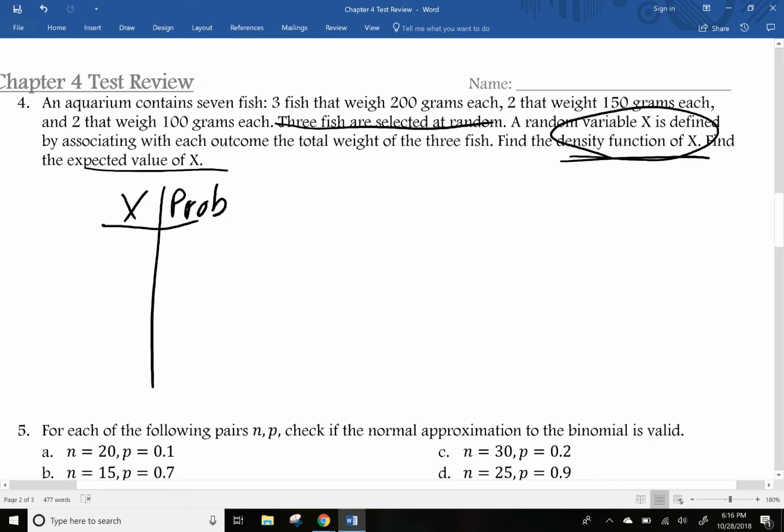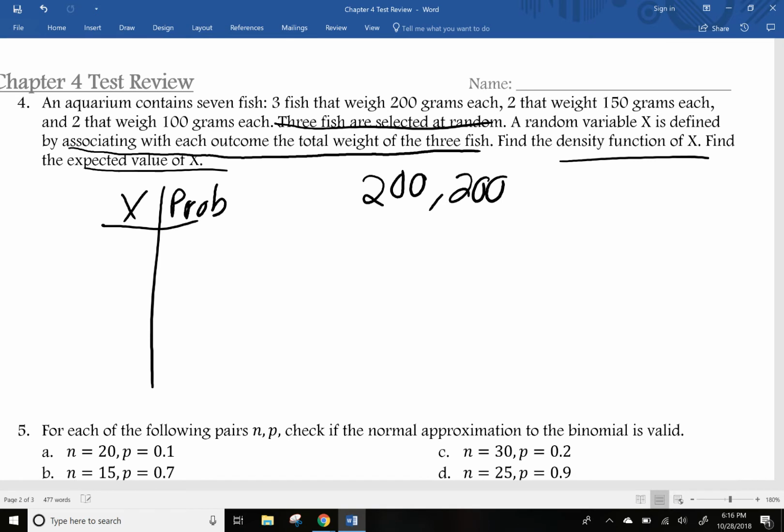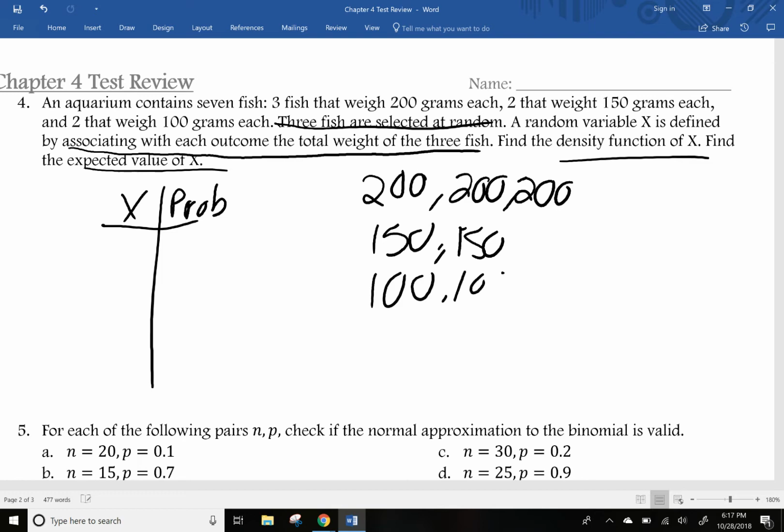So I'm choosing 3 fish, and my random variable x is defined by associating with each outcome the total weight of the 3 fish. So let's think about how many different ways I can choose my 3 fish. Remember, there are 3 that weigh 200, 2 that weigh 150, and 2 that weigh 100.